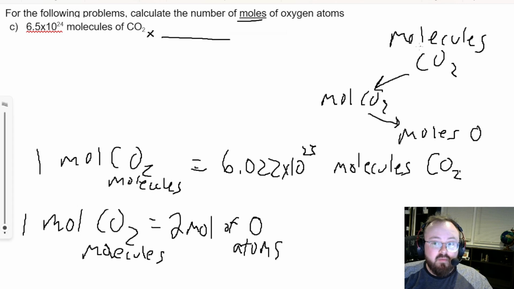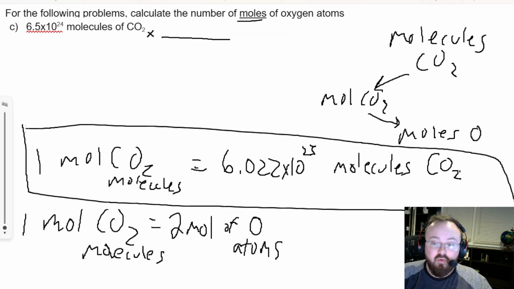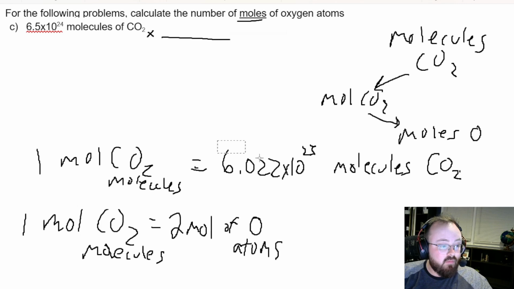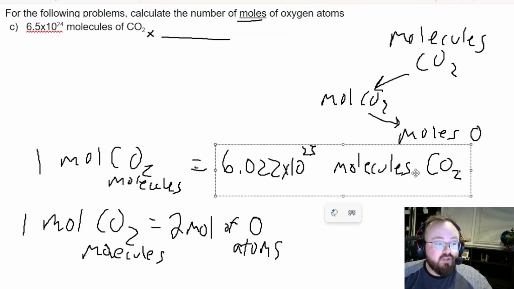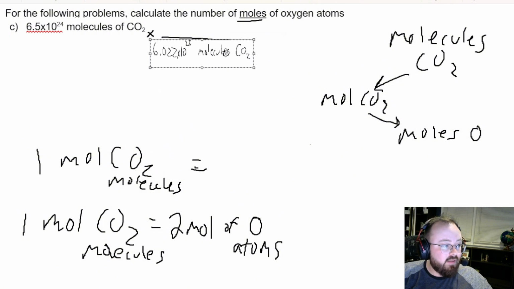I want to go from molecules of CO2 to moles of CO2, which is where we're going to be using our definition of what a mole is. We're using this equation here. Which unit am I going to put? Well, my unit right here is molecules of CO2, and whenever we do dimensional analysis, we want to put the unit on the bottom that matches the unit I'm starting with.